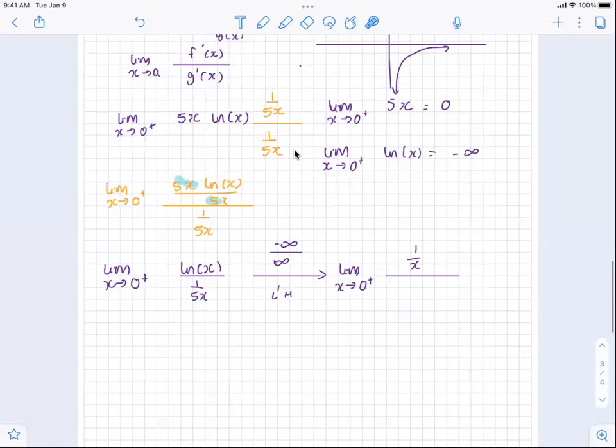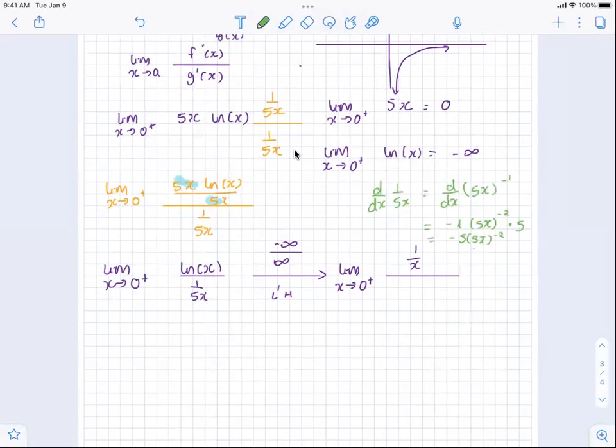On the side, let's say d/dx of 1 over 5x is the same thing as d/dx of 5x to the negative 1. If you apply the chain rule, you have negative 1 times 5x to the negative 2, and then multiply by the derivative of the inner, which is 5. So that is the same thing as negative 5 times 5x to the negative 2.